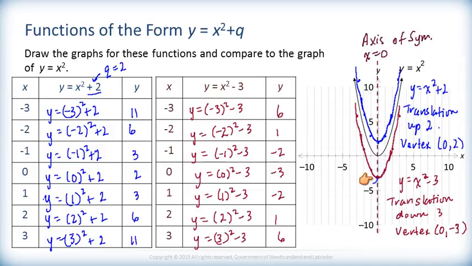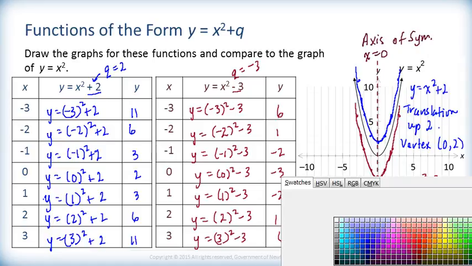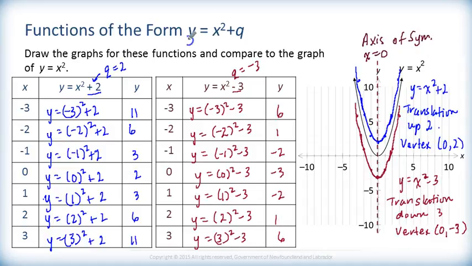So our vertex is now at 0, -3 instead of 0, 0. The q value, if you focus on that, is -3. So for y equals x squared plus q, to get the vertex, all we need to do is say that the vertex is at 0 and the q value.